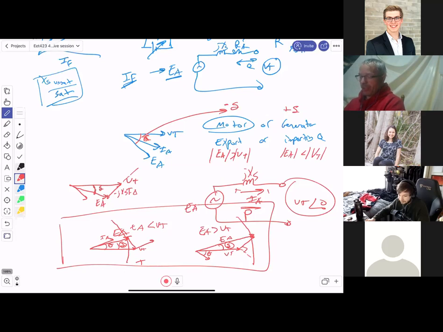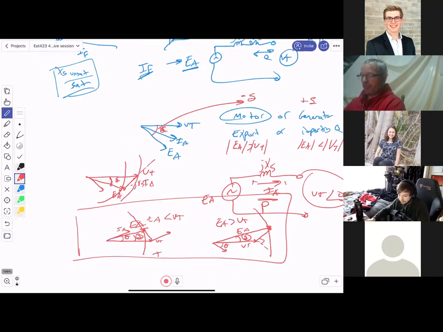And you'll notice here, is this magnitude less than VT? Maybe a little bit. I think so, right? If we draw this way, we have a little bit. Well, remember, in the case of a lagging power factor, here's voltage, here's current.